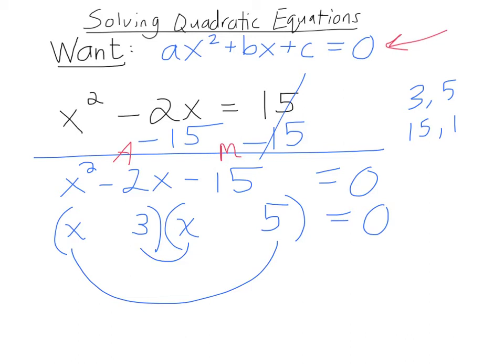Similarly, to add to this -2 right here, one of the terms is going to be positive, one of them is going to be negative. But to add to a negative, the negative needs to be on the bigger number. If we have -5 and we had +3, what that means is we'll have a positive 3x if we were to multiply this inner region right here.